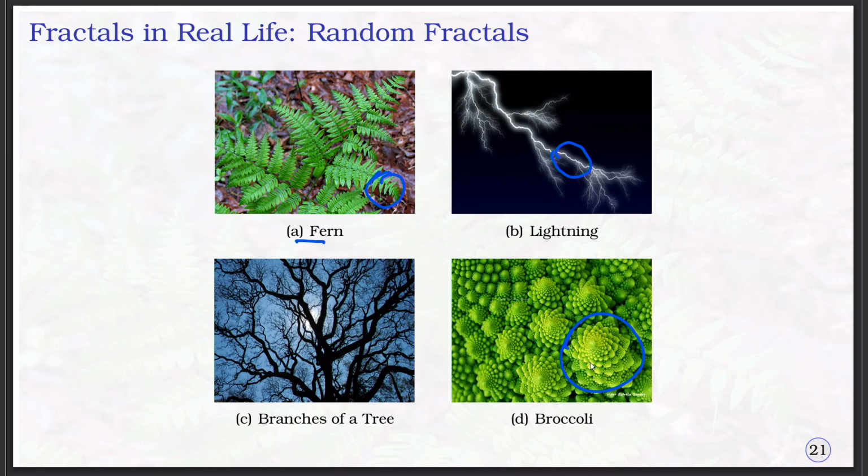That means the part of the object does not exactly resemble the whole, but in a statistical manner, or approximately, it resembles the whole. Therefore, these are called random fractals. So, the previously discussed three sets are examples of exact fractals, and these four objects are examples of random fractals.